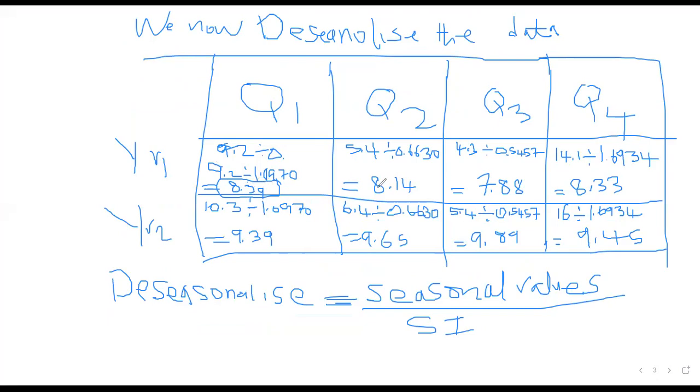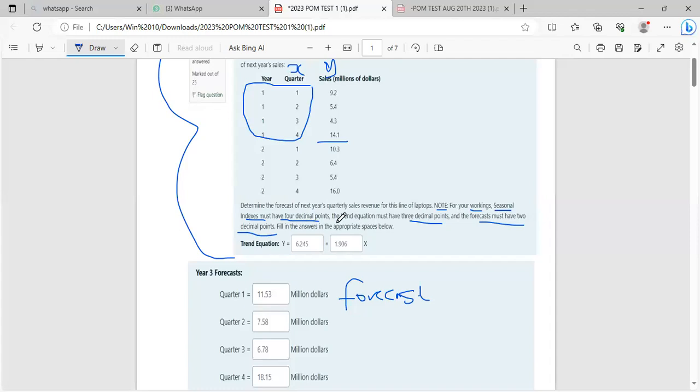So meaning these values here from the question, they're saying that we should go for 4 decimal points, because there's a breakdown here that we should follow: the seasonal index must have 4, the trend equation should have 3, which is this equation here, and the forecasts must have 2, which are these forecasts for the CDA.